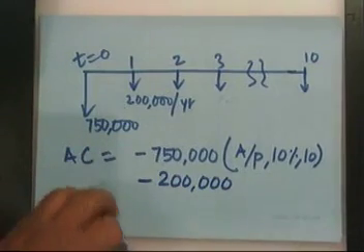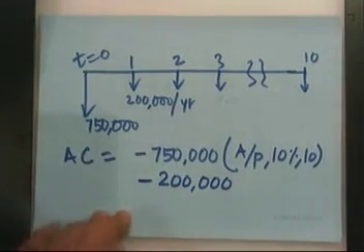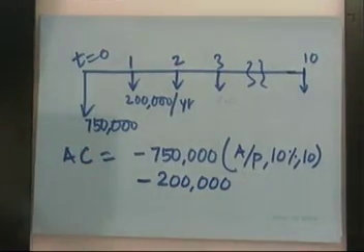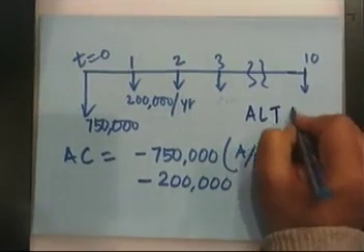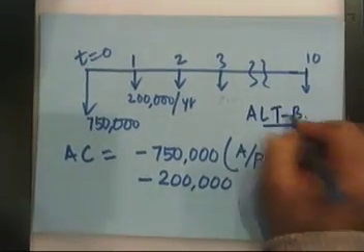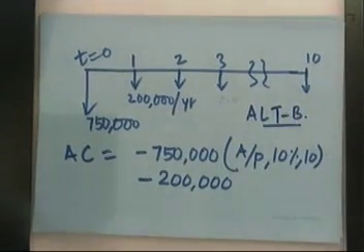Remember, I am putting these minus signs because all these are investment required, that is, cost going out of my pocket. Now, out of these two annual costs for alternative A and alternative B, whichever cost is least, I will go for that option.